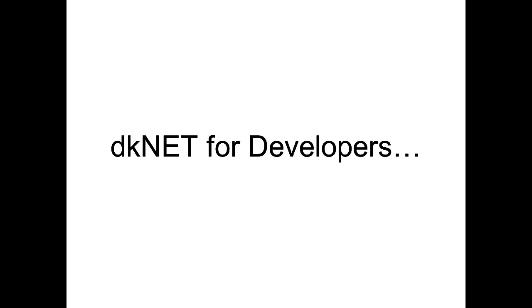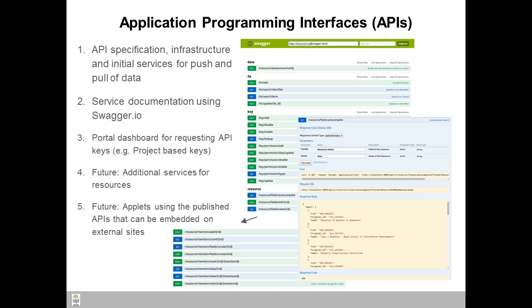So in terms of researchers' use of dkNET and services related to dkNET, that is what we've covered. But we also have back-end services for developers themselves. So we provide a set of APIs that allow researchers to get information on resources, to embed some of the same searches within their site.